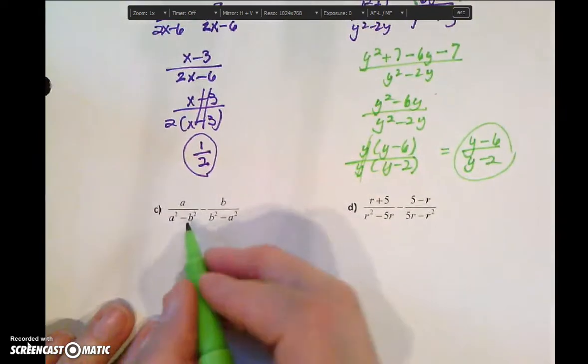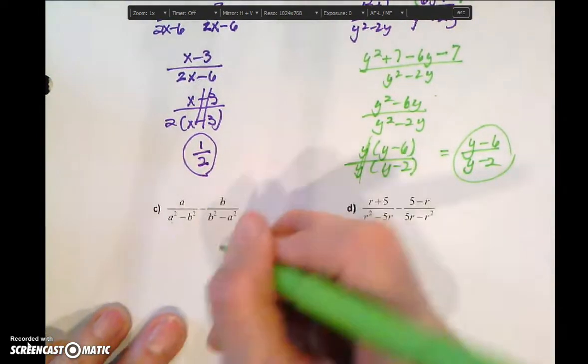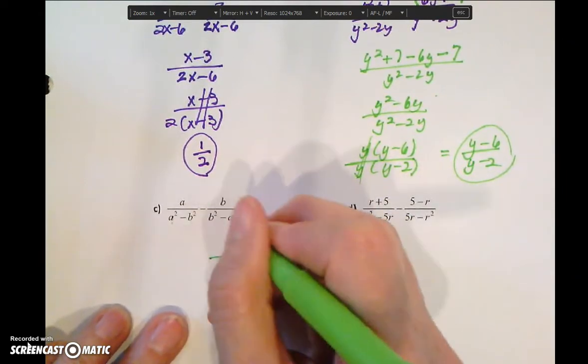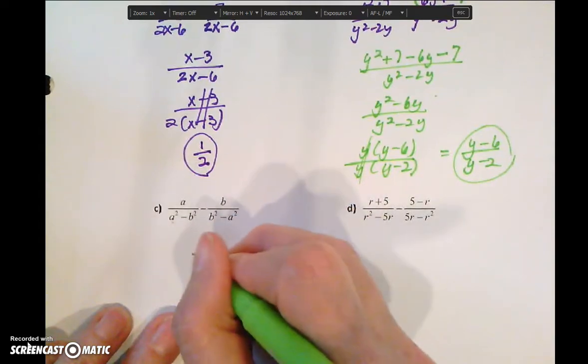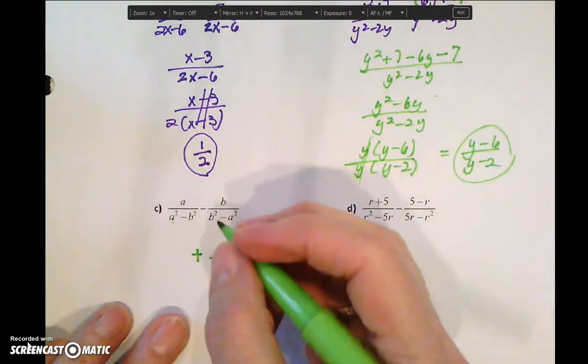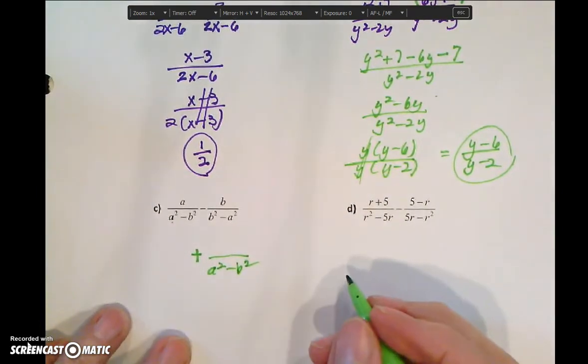Example C, again, a squared minus b squared minus a squared. So I'm going to take out the minus here, and it's going to change this minus sign to a plus now. So I'll have a squared minus b squared.